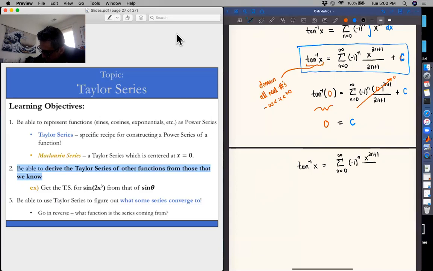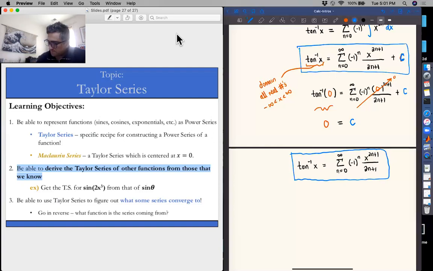Just to be clear, we literally found that the value of c must be 0 in this particular case, and that the arctangent has this particular power series or Taylor series representation. Now, what's particularly interesting about this is we can put in different values of x into the left and right side, and we might find some interesting relations.